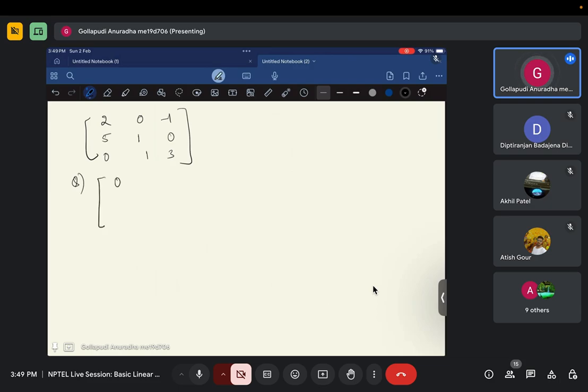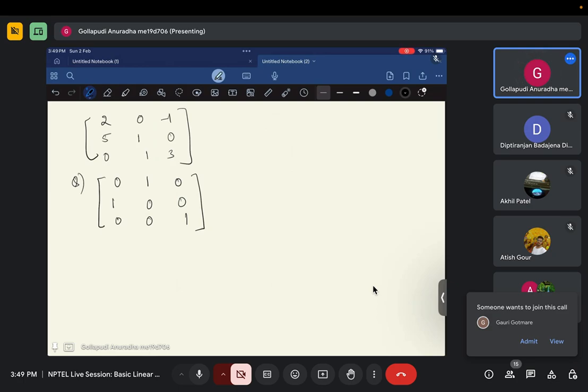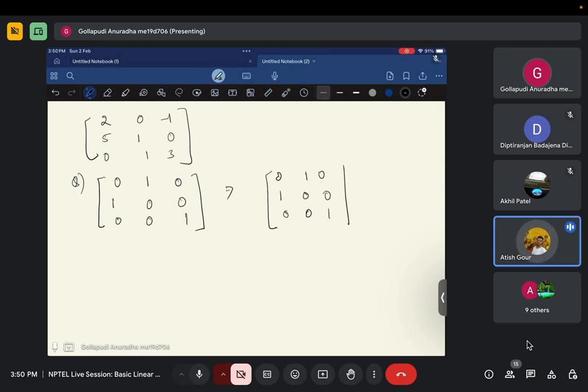Let's take another very simple question. What will be the inverse of this matrix? Identity matrix. So what we can do is, the identity matrix is the inverse of this. Yeah, if you can interchange R1 with R2.